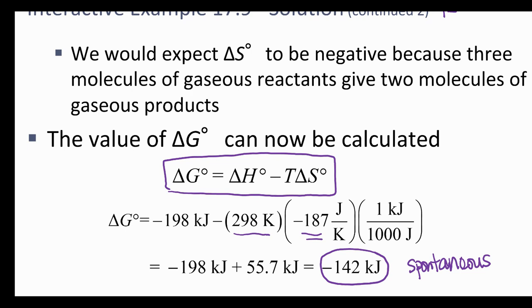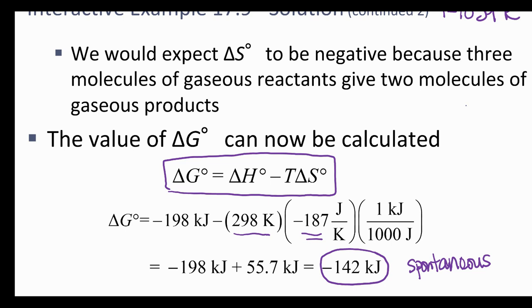See if I did that right. Yeah, that's a really big temperature. Okay, so very high temperature. Anything below that temperature is going to mean it's spontaneous. 298 is well below that, so we know that it'll be spontaneous.